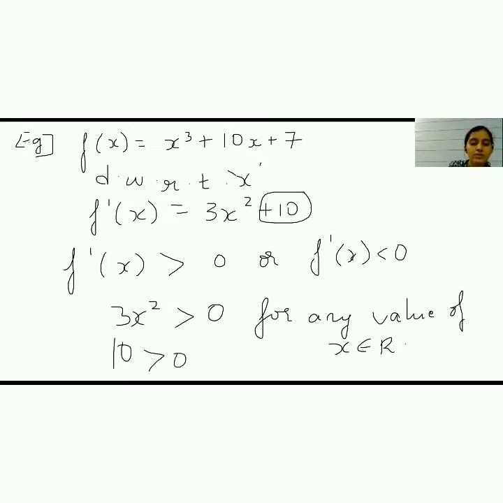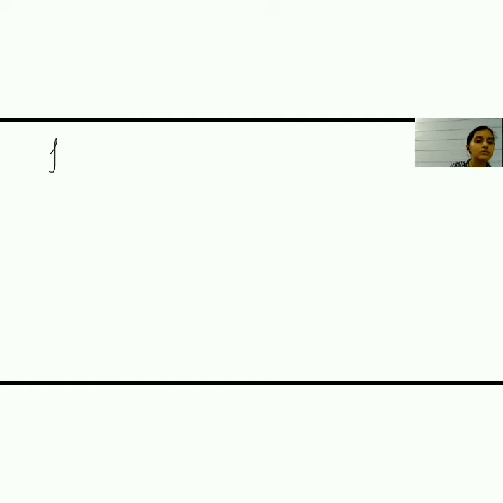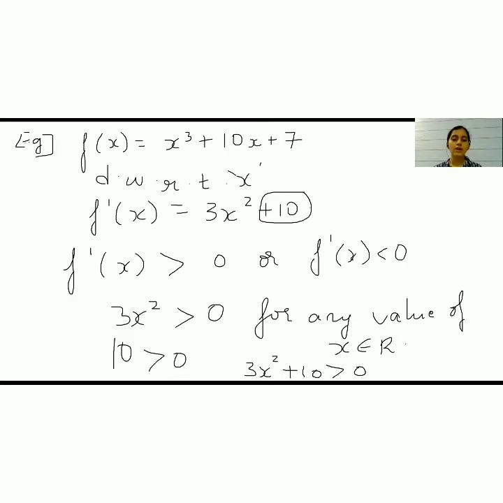So when I add these two values, 3x square plus 10 will also be greater than 0, right? That means my derivative value f dash of x for any value of x is always going to be greater than 0, correct? So we can say that f of x is an increasing function. Clear? This is an example for an increasing function.